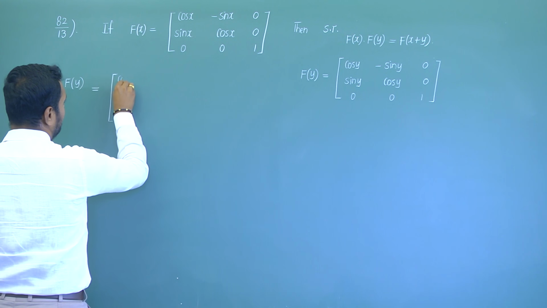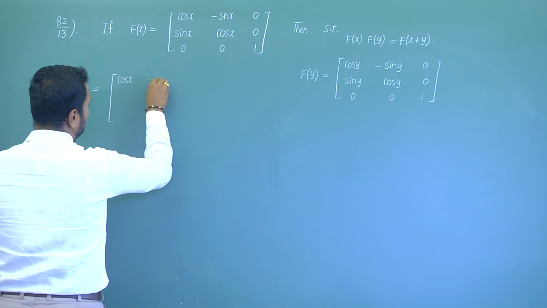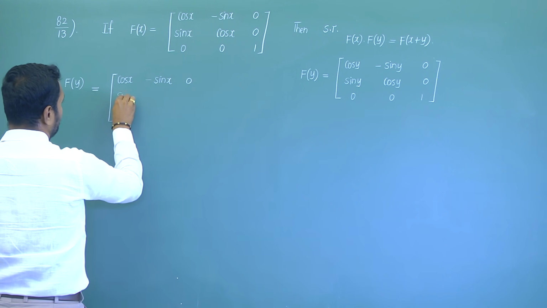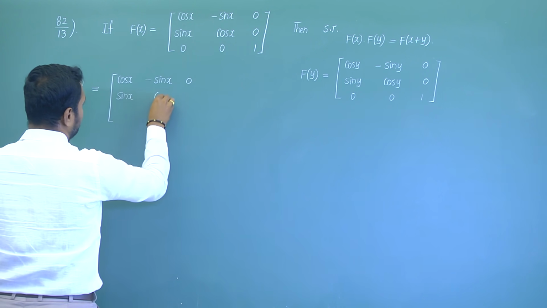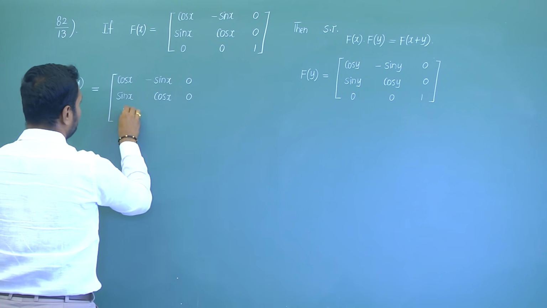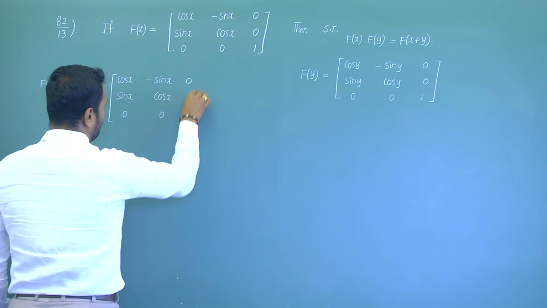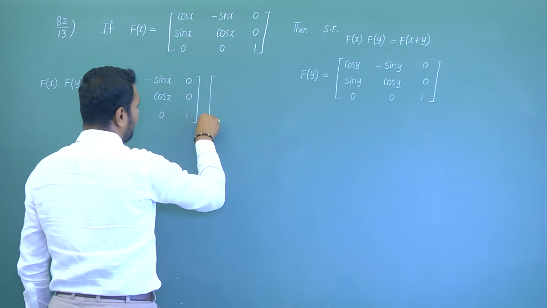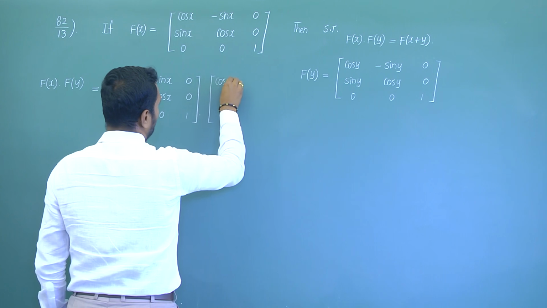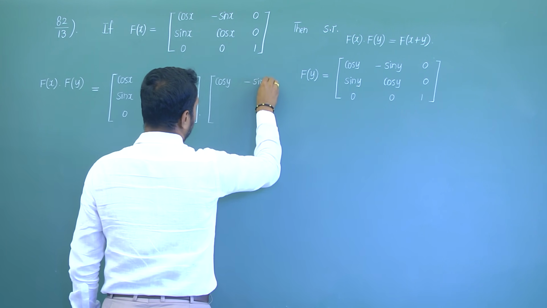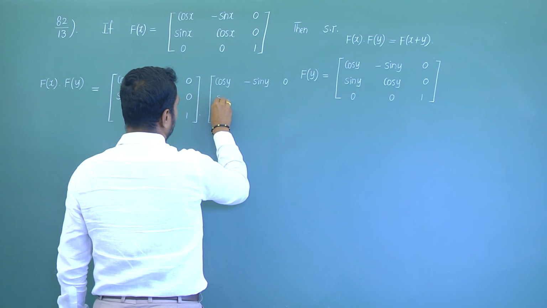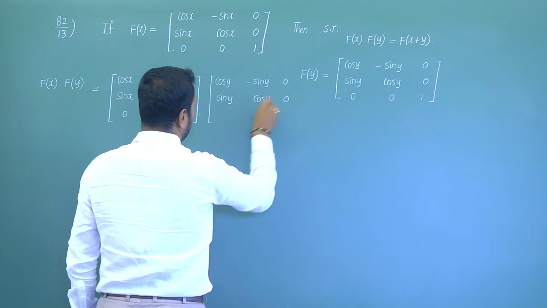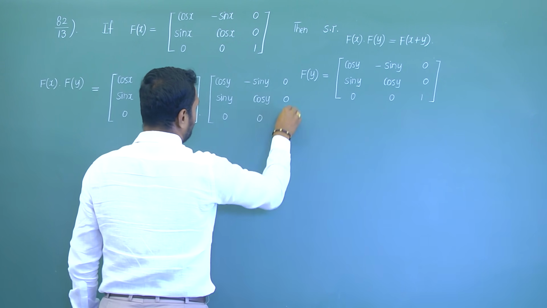What is f of x? I am writing the given matrix: cos x, minus sin x, 0, sin x, cos x, 0, 0, 0, 1, into f of y, which is cos y, minus sin y, 0, sin y, cos y, 0, 0, 0, 1.